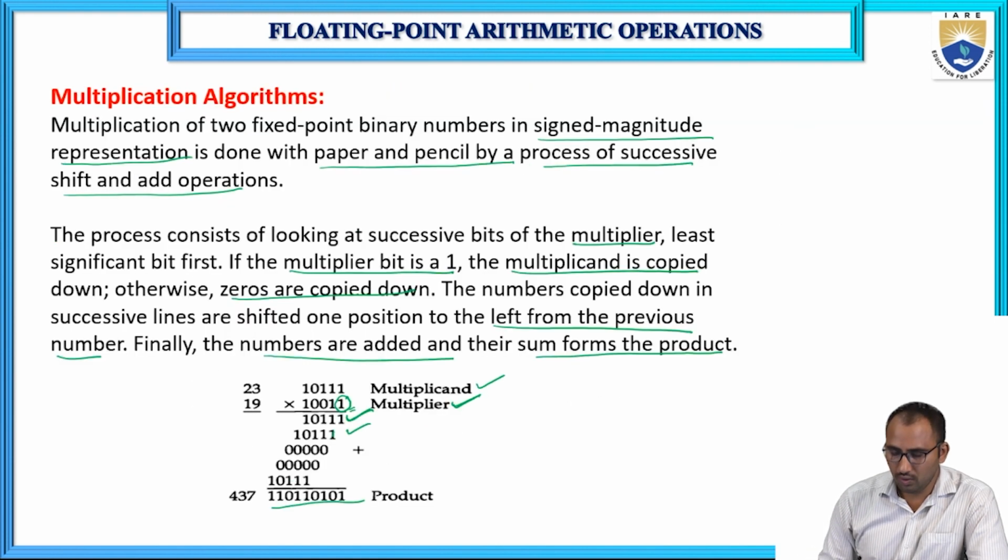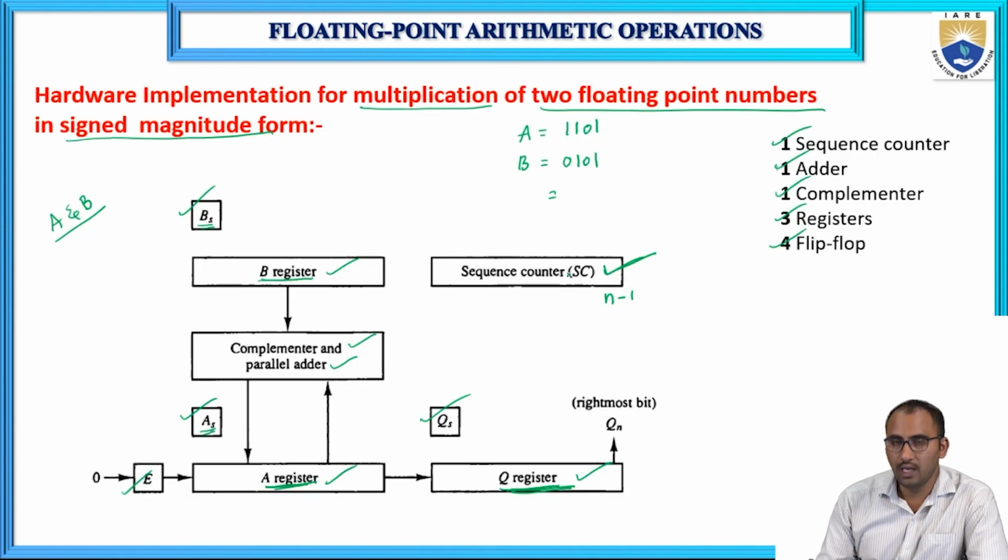In the previous scenario, each number is represented with 5 bits, so we multiplied two 5-bit numbers, and it results in a 10-bit result. Similarly here also, if you multiply any 4-bit numbers, it gives an 8-bit number. In order to store this, we are using 2 registers. The upper 4 bits will be stored in the A register, and the lower 4 bits will be stored in the Q register.